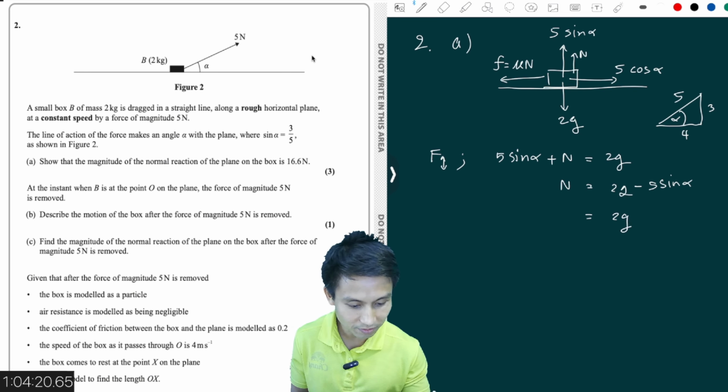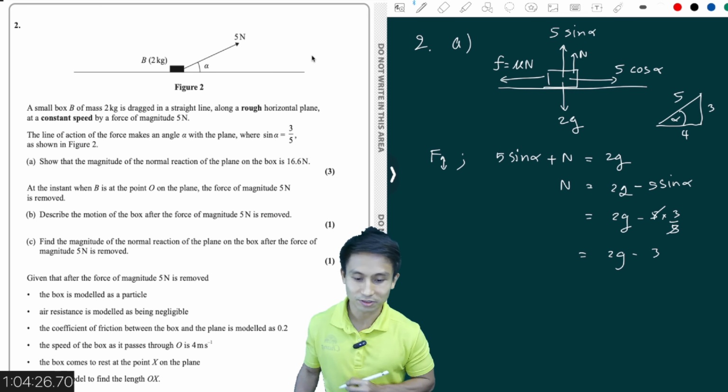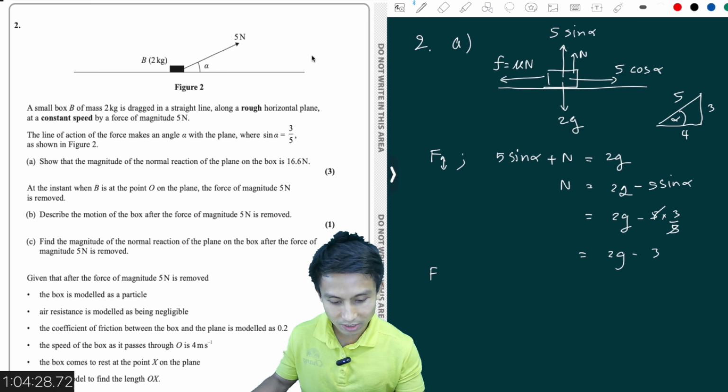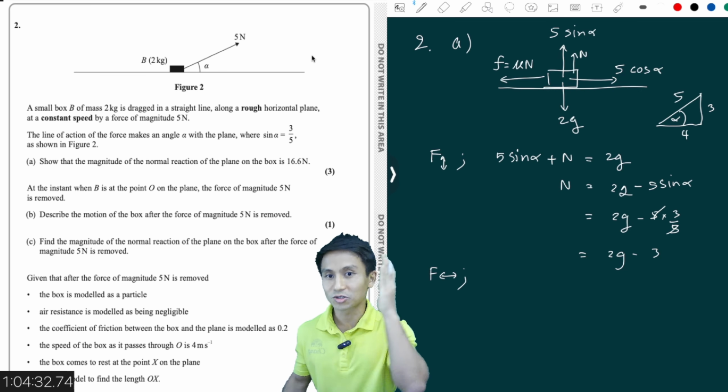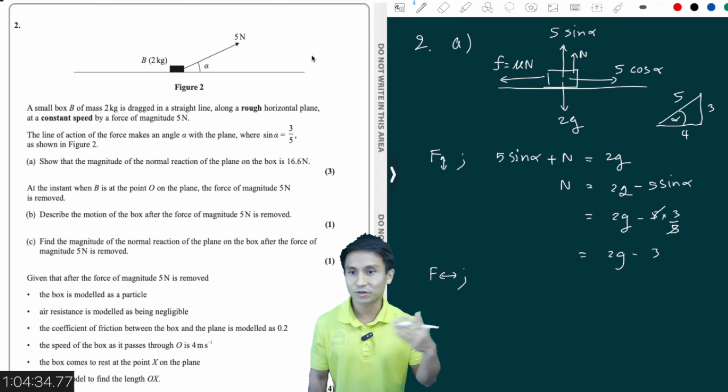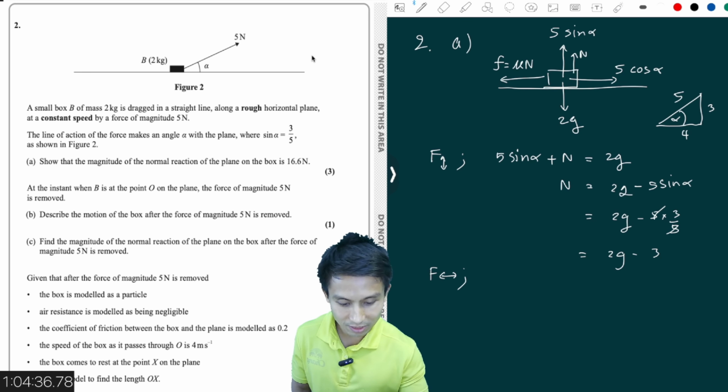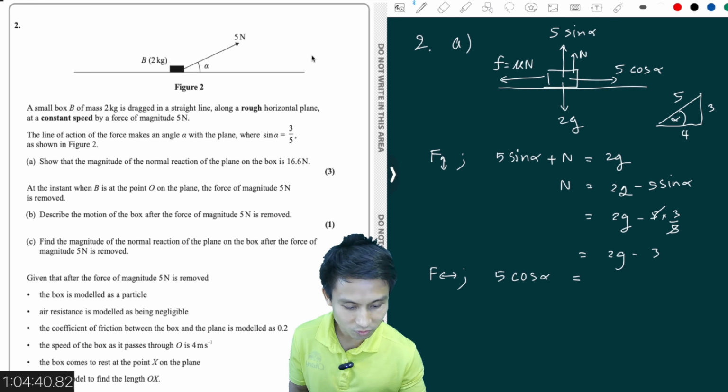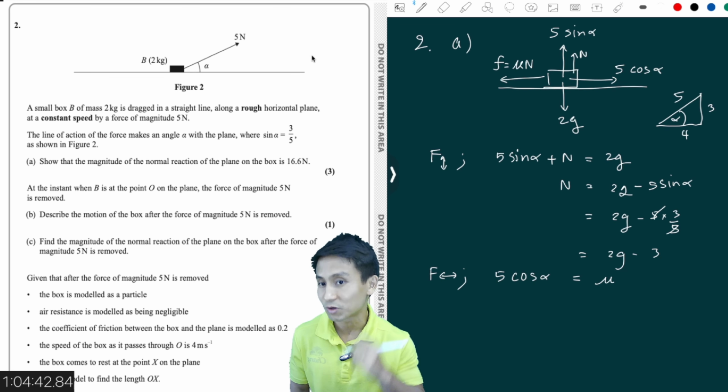So that's 2g minus 5 times 3/5. So that's 2g minus 3. I'm going to keep it like this first. And now let's do the horizontal force. Because it is also in equilibrium as it's moving at a constant speed, that means 5 cos alpha would be equal to mu, wait, have we got the mu there?